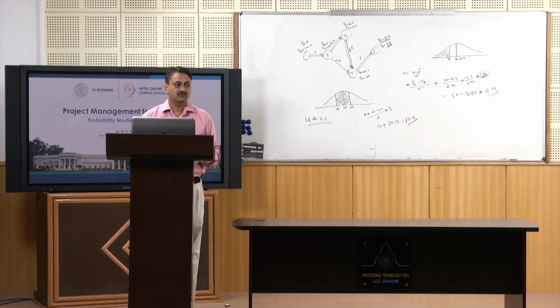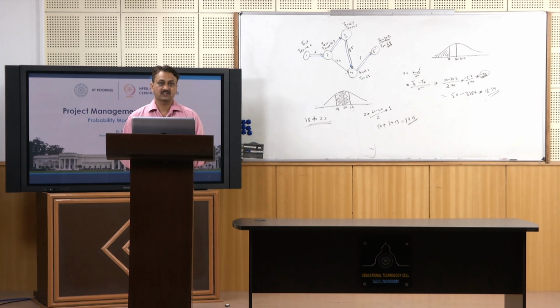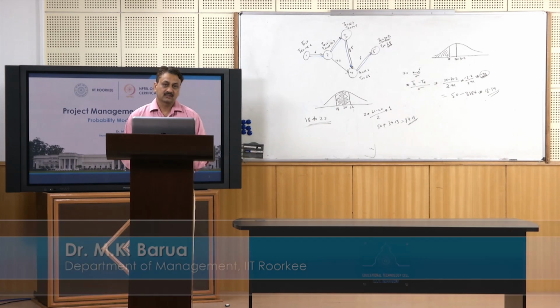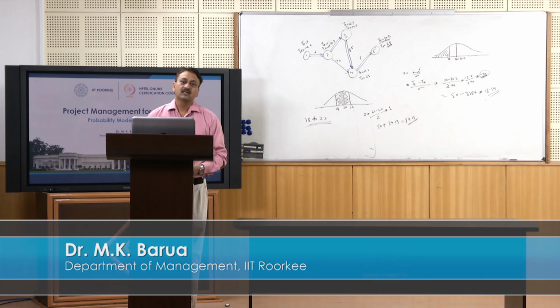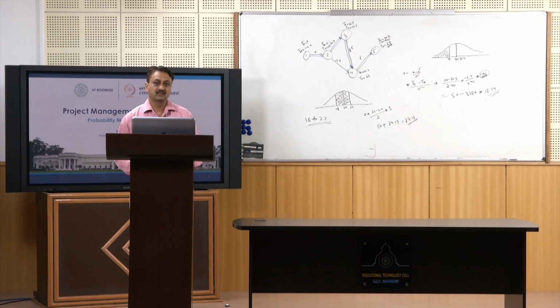Let me summarize what we have done in today's session. We took a PERT network first, and then we converted it into a CPM network. After that we found the critical path using TEs and TLs, and after calculating the value of Z we found the area under the curve from the table.